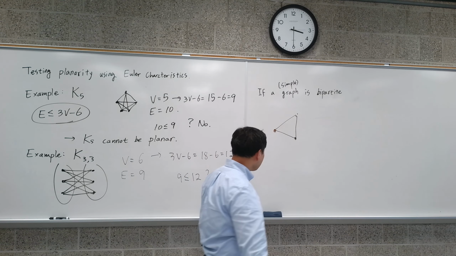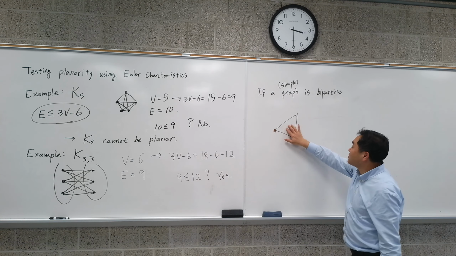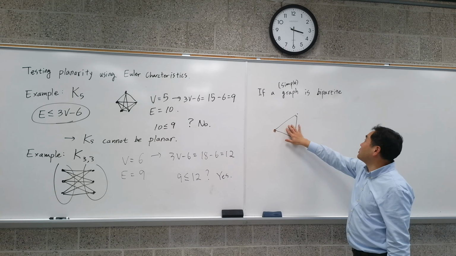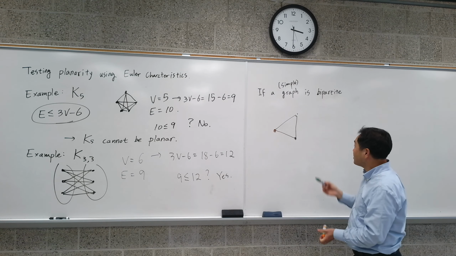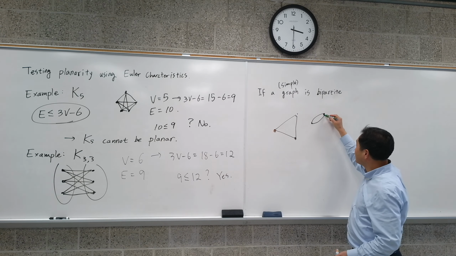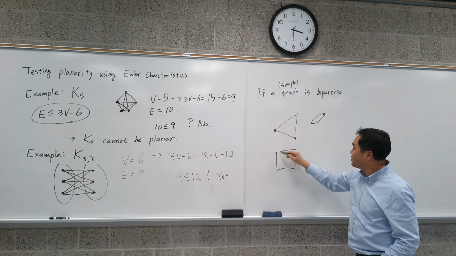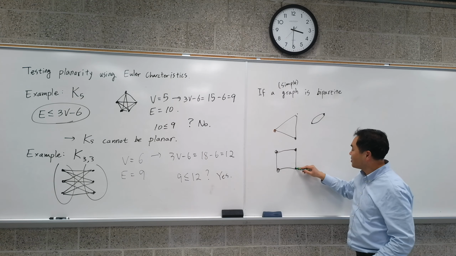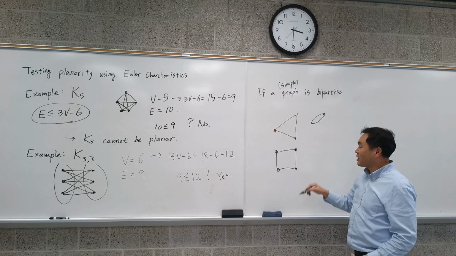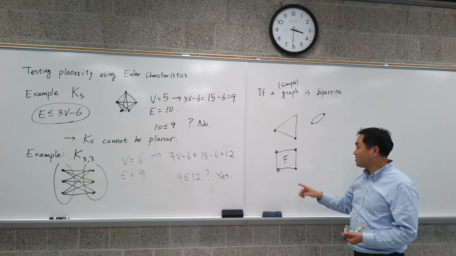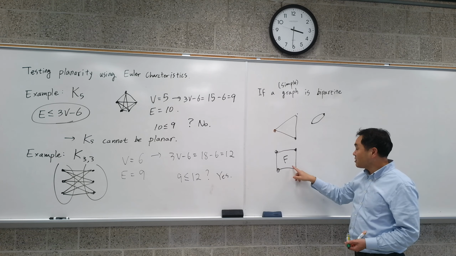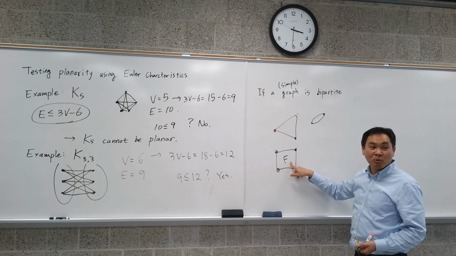So we know that if the graph contains a triangle, it can never be bipartite. A simple graph cannot have a 2-sided face either, so this is not allowed and this is not allowed. That means you should have at least 4 sides to a face. If it's bipartite and you embed it as planar, then each face has to have 4 or more edges.